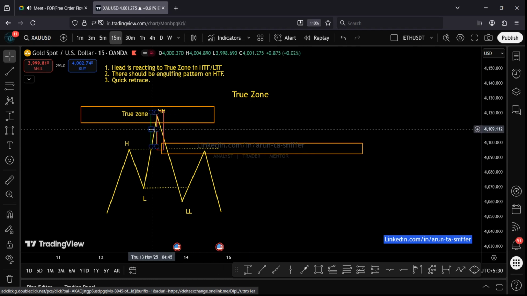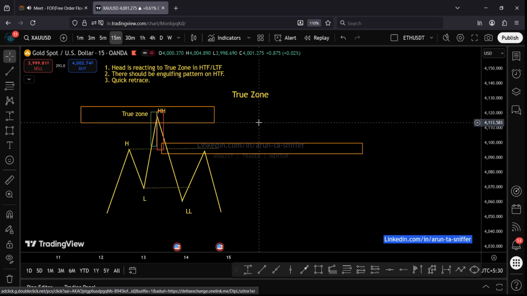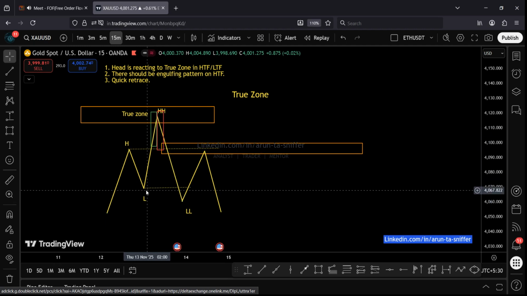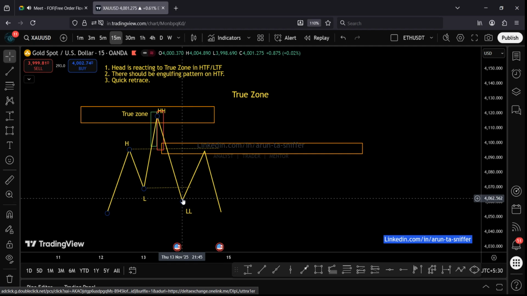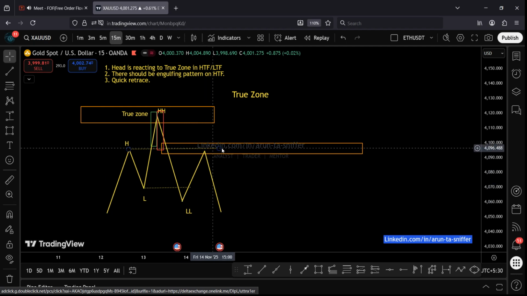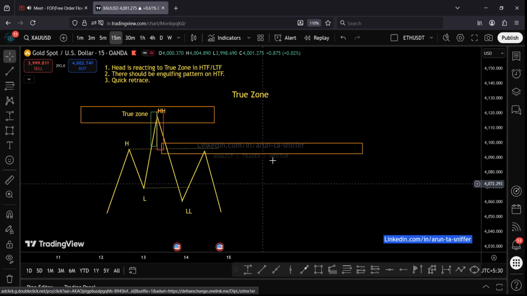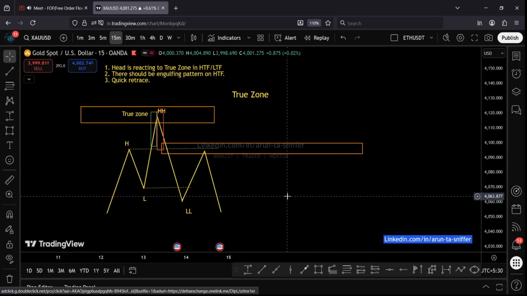So on STF we will check for the engulfing pattern. The second condition will be met, and then after breaking this low, price should go back to the QM level quickly, right? If this is happening, then this is our QM as a setup.